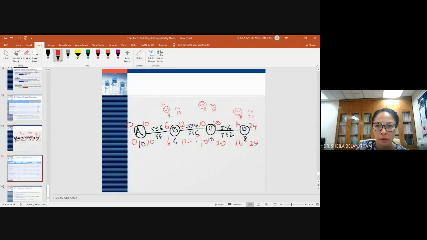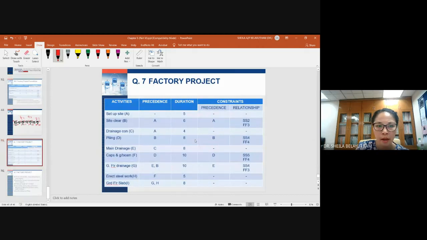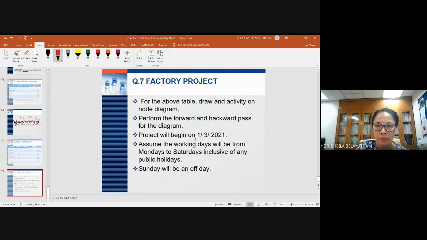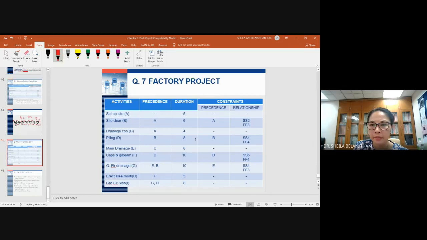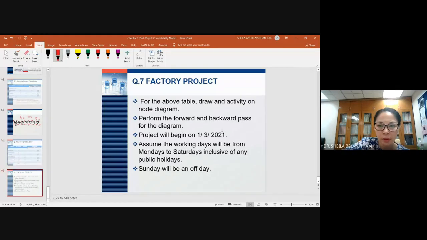This one we have gone through. What I want you to do is try to calculate this in terms of the forward pass, backward pass, total float, and also free float for each activity. Ignore this one first.